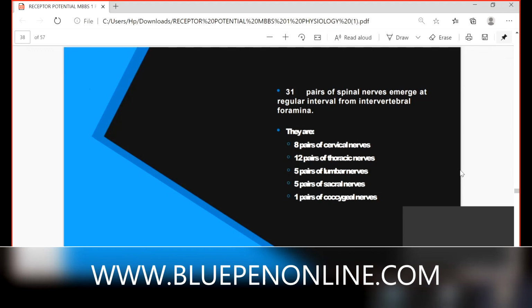Now, there are about 31 pairs of spinal nerves that emerge at regular intervals from the intervertebral foramina. All these intervertebral foramina you would have studied in anatomy, isn't it? So these 31 pairs are classified as 8 pairs of cervical nerves, 12 pairs of thoracic nerves, 5 pairs of lumbar nerves, 5 pairs of sacral nerves, and 1 pair of coccygeal nerves.